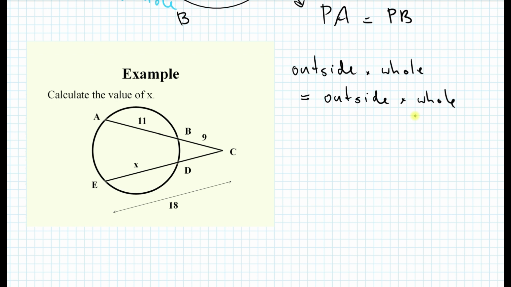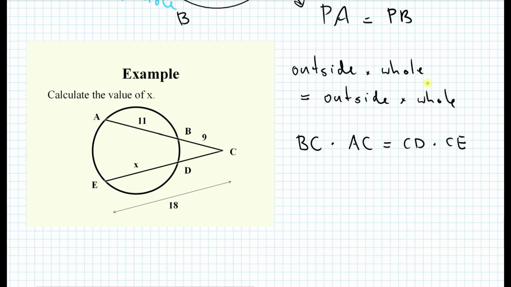BC is considered the outside of the segment times the whole segment, which is segment AC, okay? Equals to, now we look at the other secant, secant EDC, the outside is CD, and the whole is segment CE, okay?